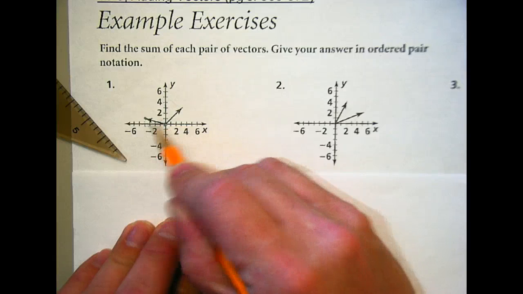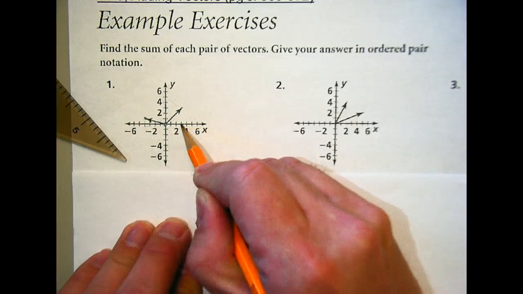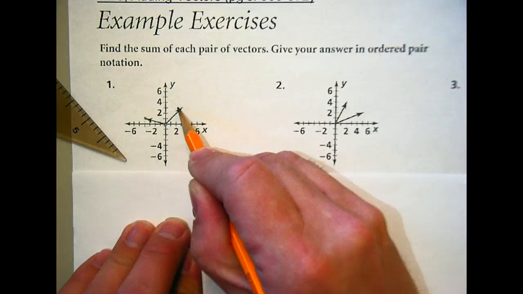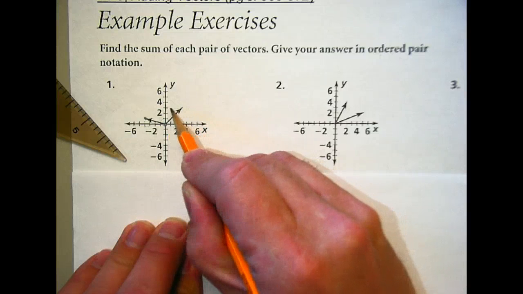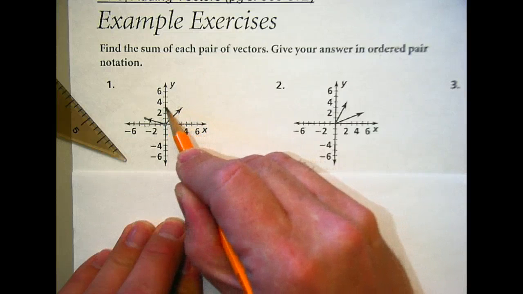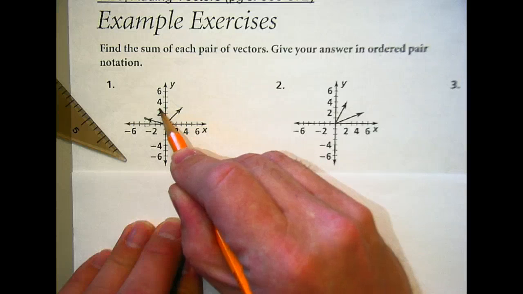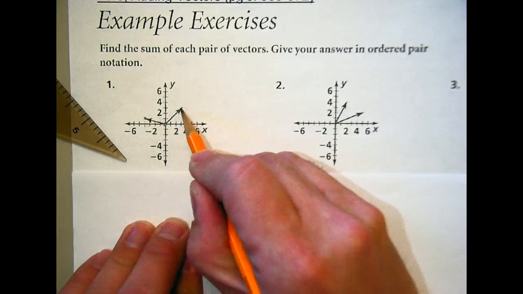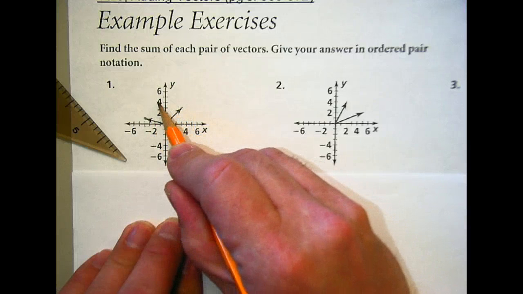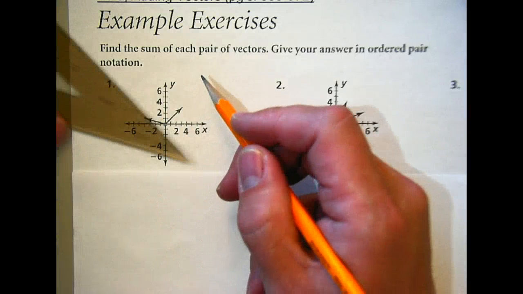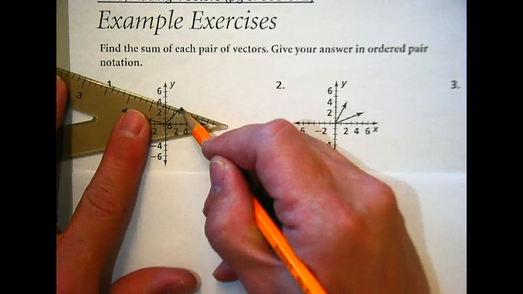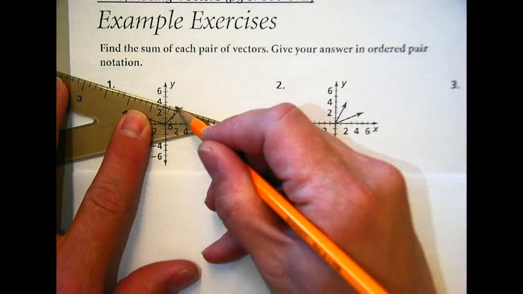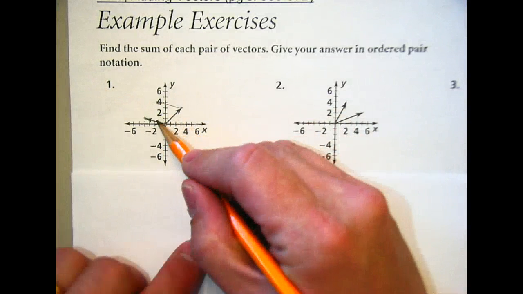So from here, where you're at 3, you go 4 over, which takes you to negative 1. And then how much do you go up? 1. So you go over and then up. If I connect those, you'll notice they look pretty close to parallel.